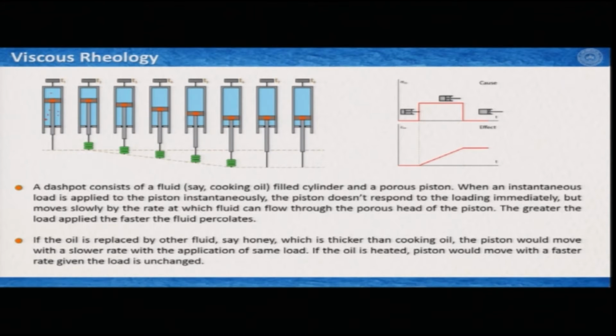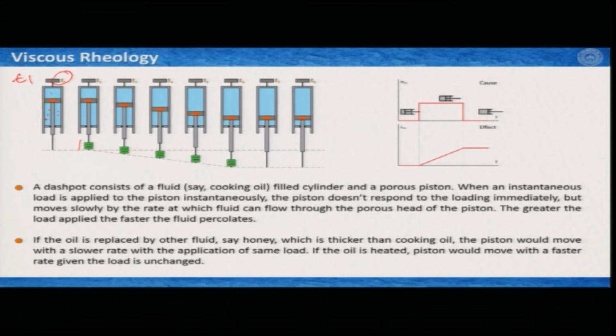Now, the way viscous rheology is explained using this dashpot is that at time T1 it stays in its stationary mode, and then you can apply an instantaneous load to this piston, represented by these three green bars or loads.